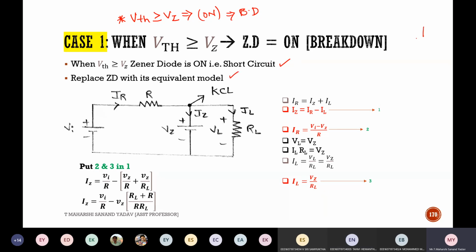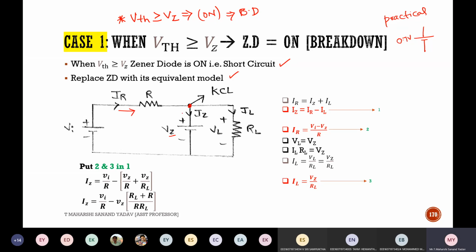So I'm replacing it something like this. You can consider any value, 0.7 volt or something. In the example, he will mention, or else if you are considering a practical diode, better go with 0.7 volt only. So as it is on, I've replaced it with its equivalent model, which is nothing but VZ. Now you tell me what will happen.